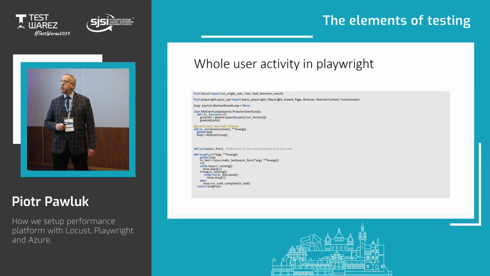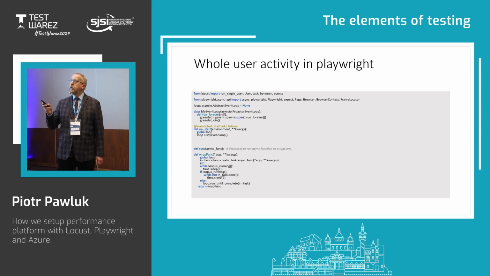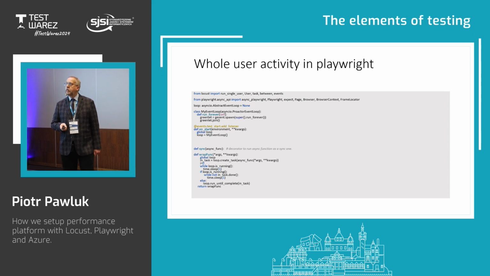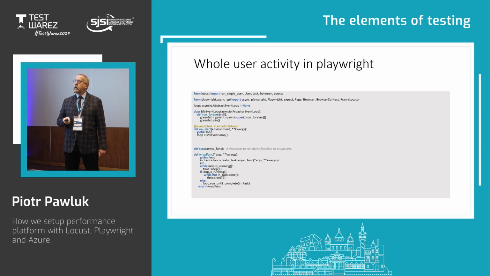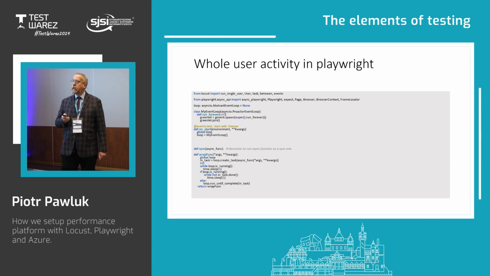So how was it done? First, from Locust, import User, task, between and so on. So import Locust libraries. From Playwright, download some libraries. We need to create our event loop. On start, just run this loop, and I created the decorator function.